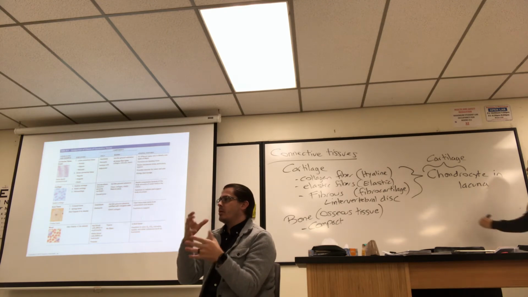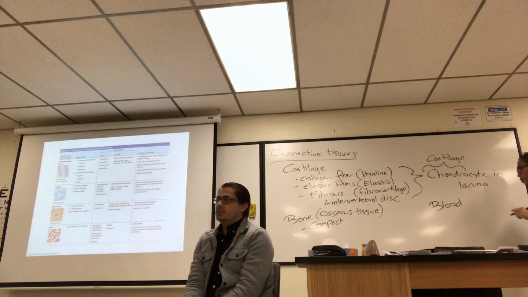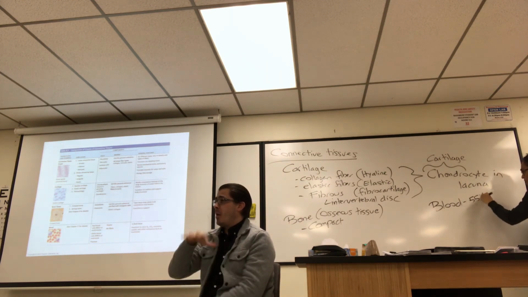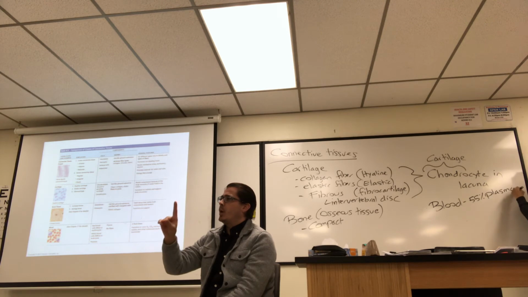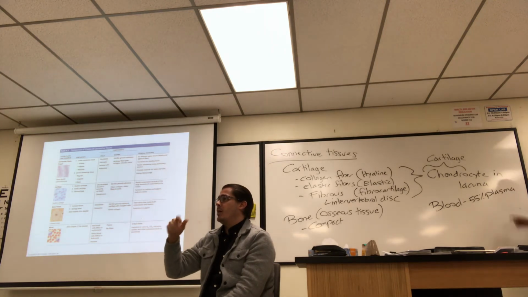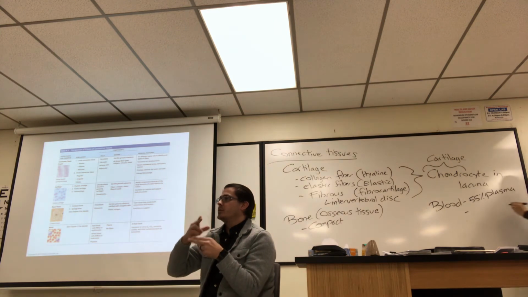We have blood. We'll go over here. Whole blood is actually about 55% fluid or plasma. In a drop of blood on a slide, you really can't see that. The rest of blood are what are called the formed elements.